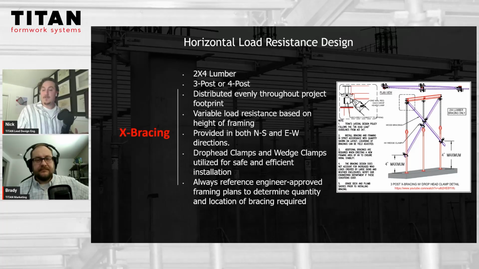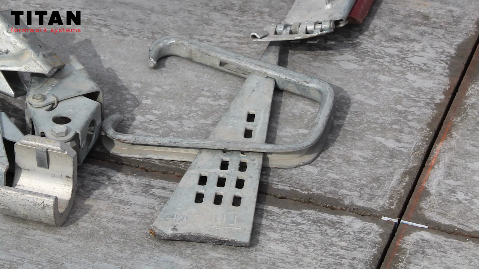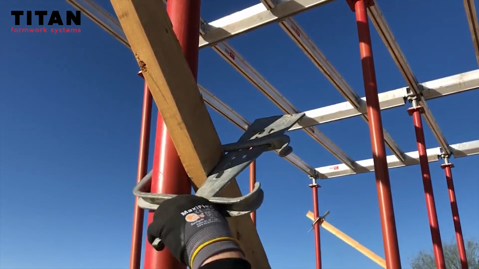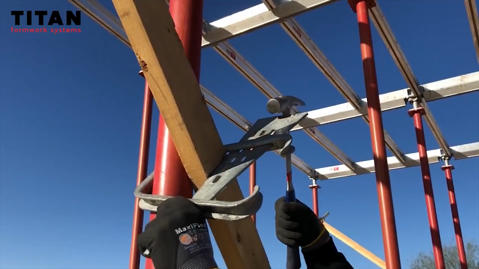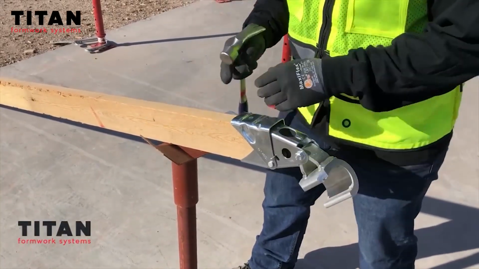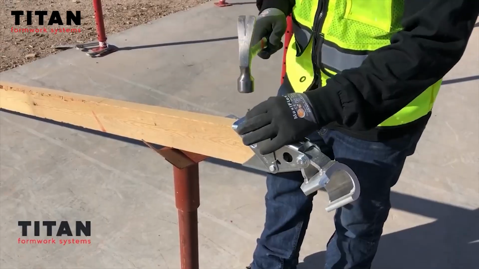At Titan, we have a couple products available to help speed up the bracing process. Our universal wedge clamps allow you to easily attach the lumber to a post shore using just a dead blow hammer. And our drop head clamp can easily attach to the end of a piece of lumber using a single nail.